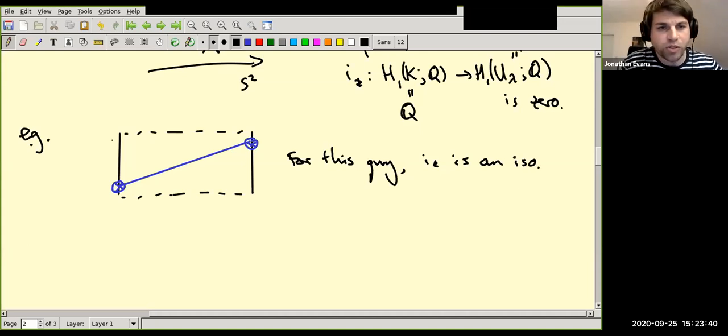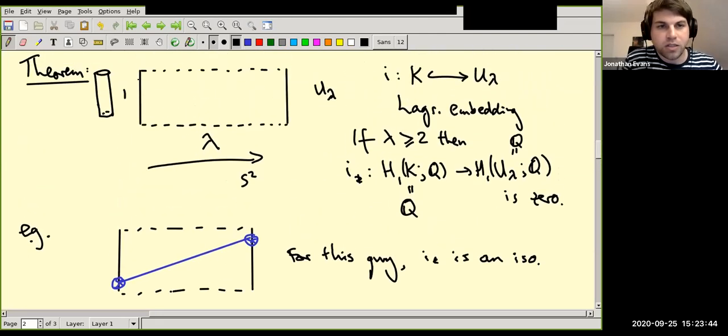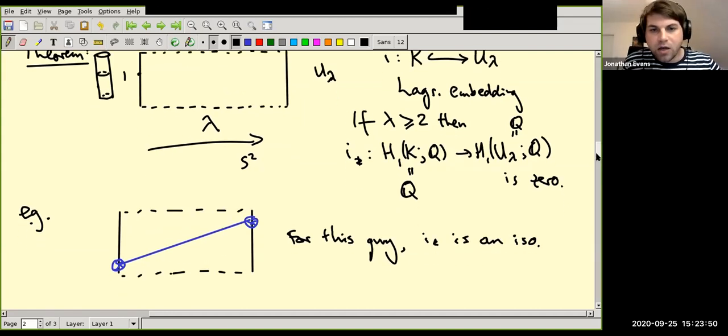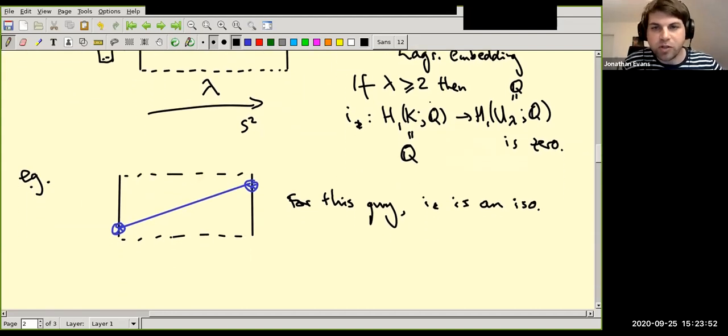And you can see that because what is the generator of the first homology of U lambda? It's this circle here, which is the fiber over a point in this boundary. And what is the generator of the first homology of the Klein bottle? It's the core of this Möbius strip that is exactly the same as that circle over there. Literally they're the same circle. So you get an isomorphism here.